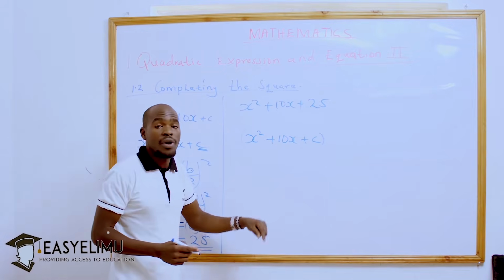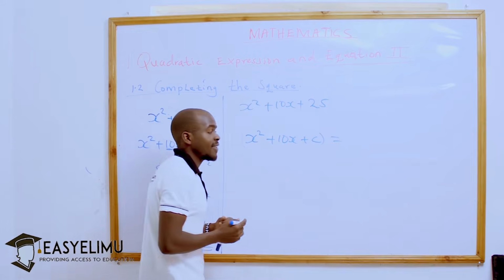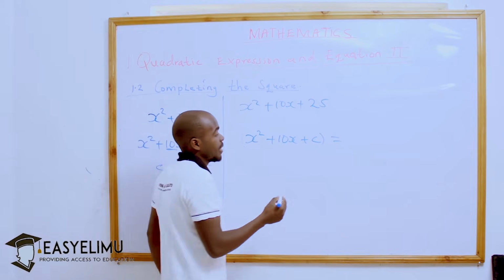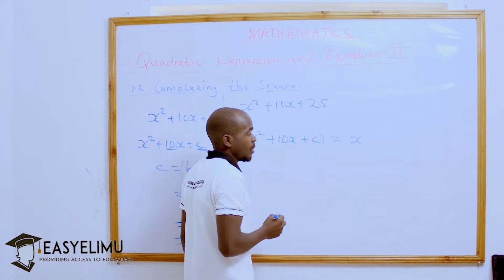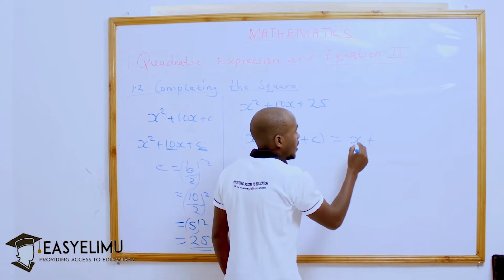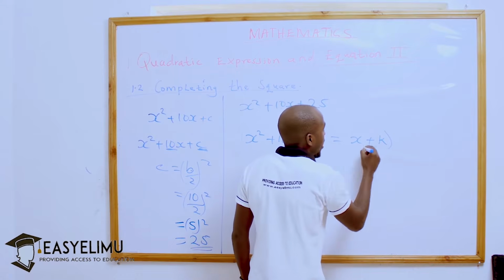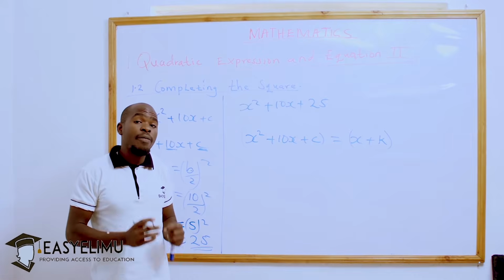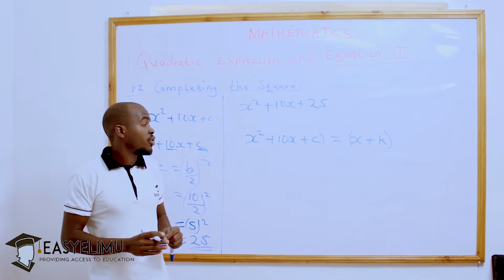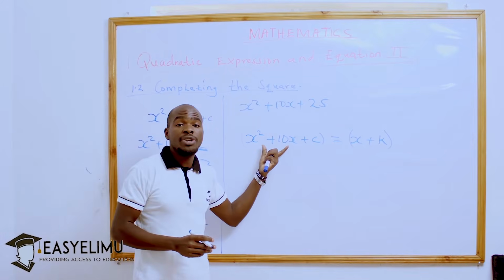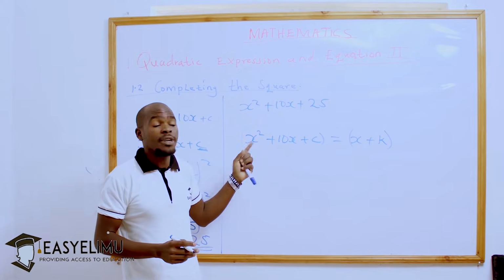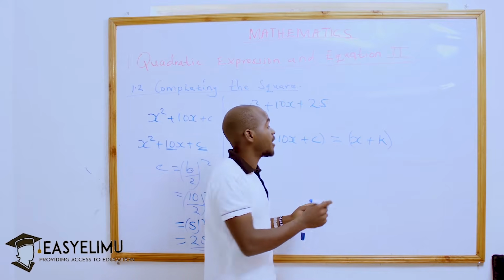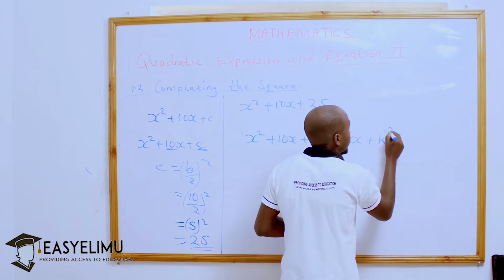So we take another expression like x plus k, which should give us a perfect square. If this quadratic expression is required to give us a perfect square, then x plus k should give us (x plus k) squared.